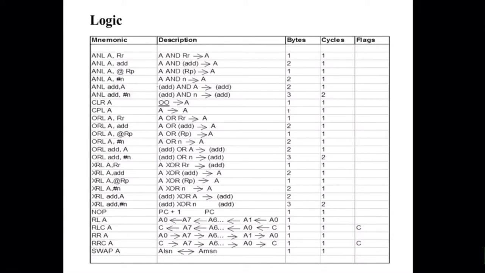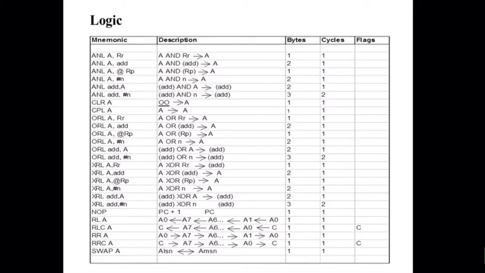So if both are zeros, the output is 0, and if both are ones, the output is also 0. Then XOR between A and Rn, A and address, A and the pointer register indirectly, and A with an 8-bit constant value, and the result is saved in A. This is your XOR operation.